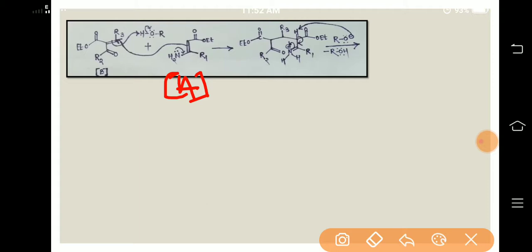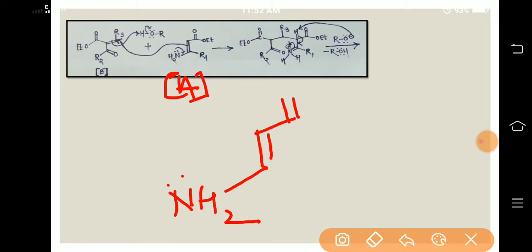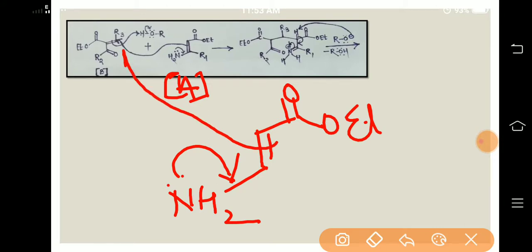Here the lone pair of electrons on the nitrogen will be donated to this pi bonded carbon, which involves carbon-carbon bond formation with this alpha beta unsaturated beta keto ester.